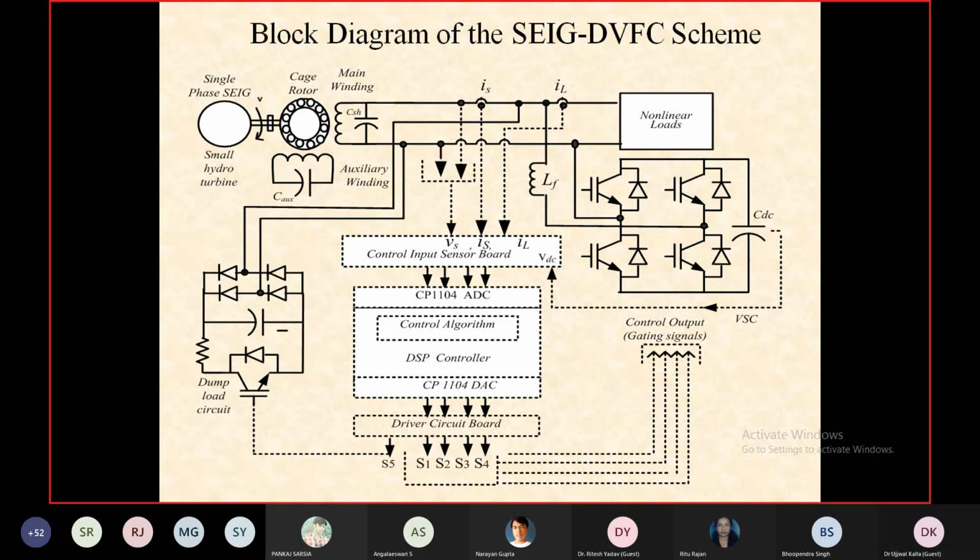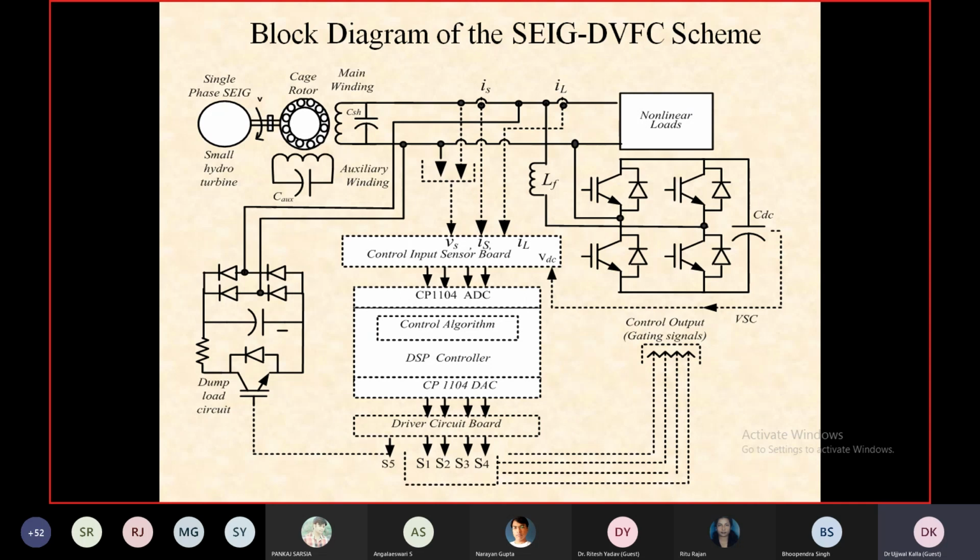So, in this indirect control technique, what we do is develop a reference sinusoidal current signal. And that is the fundamental component of the load current. So using different control algorithms, we detect the fundamental component of the load current.